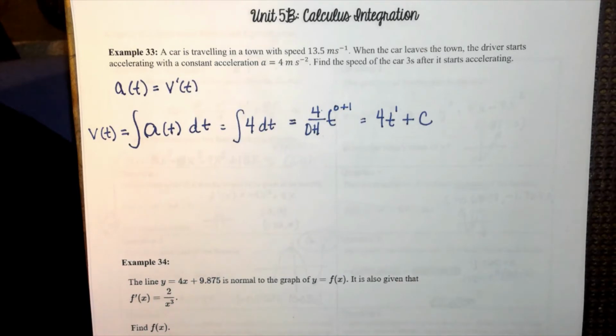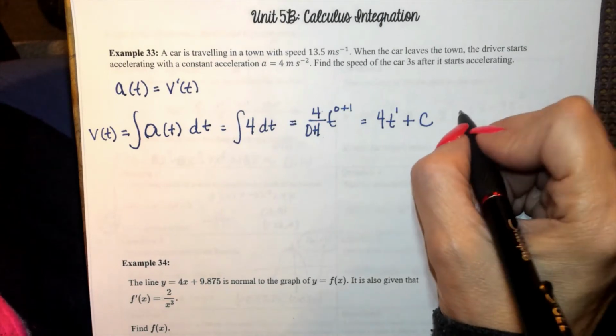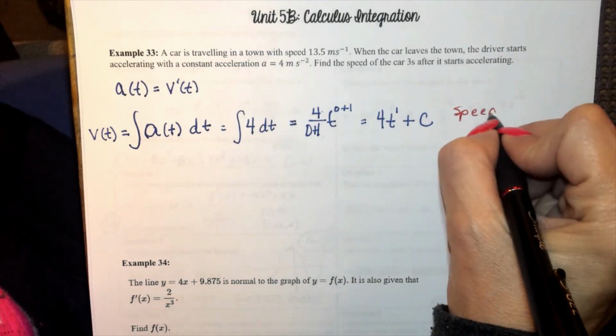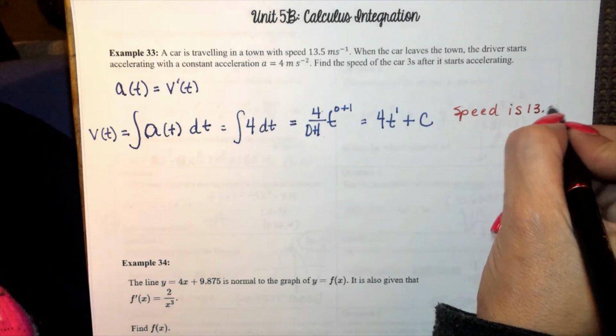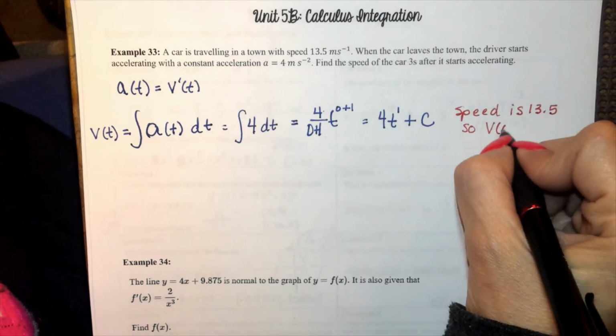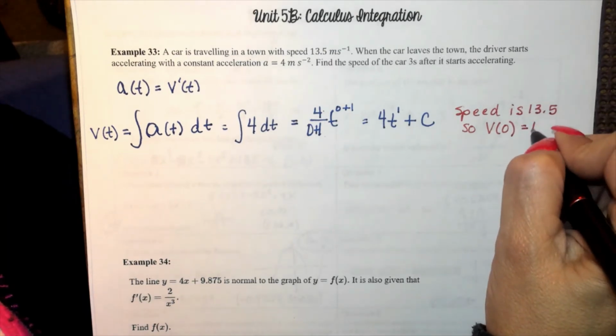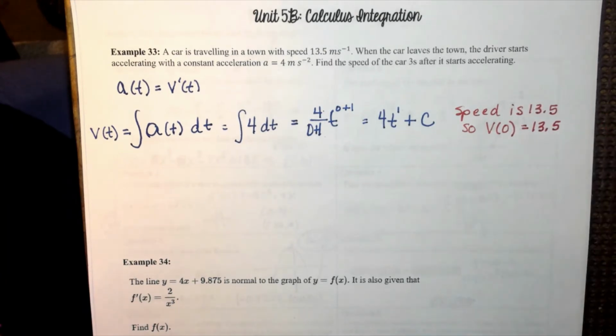Okay, so what do we know? When we hit this city, we're already going 13.5 meters per second. The speed is 13.5 meters per second. So at our starting time, when t is 0, at that moment when we hit that city, we're already traveling at a velocity of 13.5 meters per second.